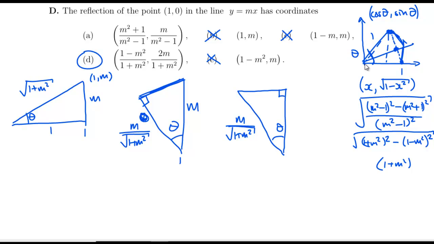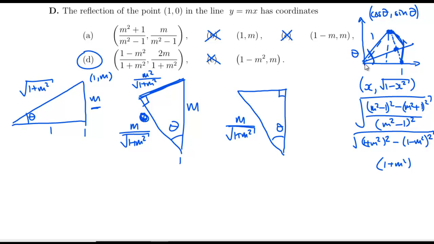Let's fill in this side that we've got up here, because that's going to be scaling this m by this factor. So that is going to be m squared over the square root of 1 plus m squared. So we've now got a new scaling of this m. We're just multiplying by 1 over the square root of 1 plus m squared in order to get the hypotenuse on this.